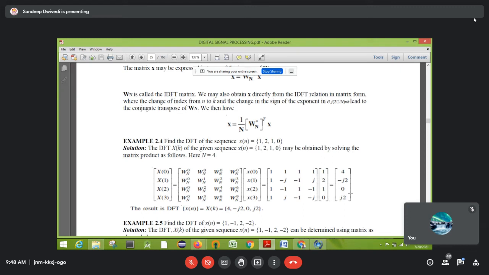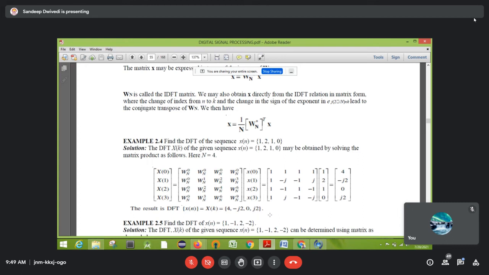So you will get 0, as 2 minus 2 will be cancelled out, and it will be 0 last. Then 1j minus 1j, this also you can do, you will get the same values. So like this you will get the DFT.